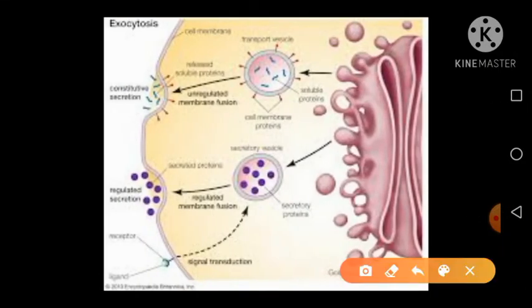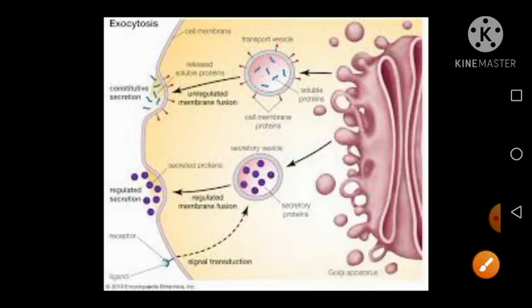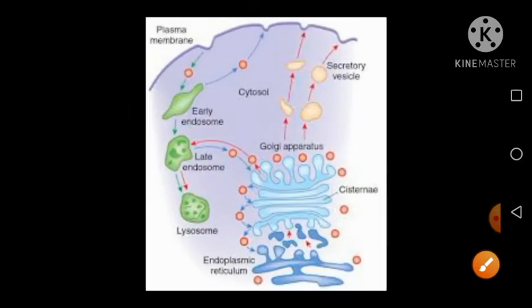So these particular pictures explain the protein sorting. See, this one is the Golgi complex, and then these particular proteins are sorted for their different locations. Again, this is an important diagram.